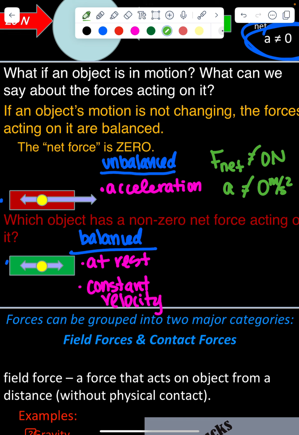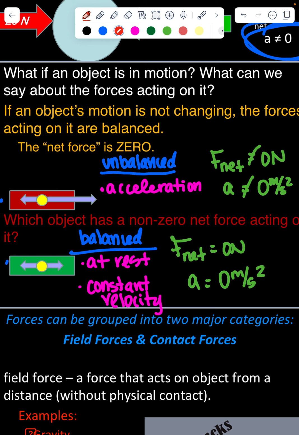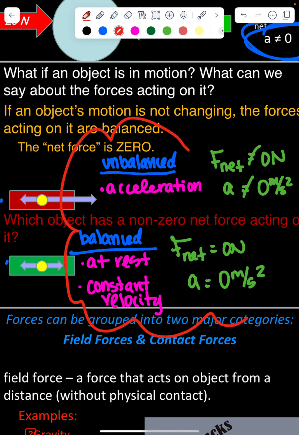So both of those mean that we do have a net force of zero. And because we're either at rest or going at a constant velocity, we have no acceleration. So these are the things that you have to know for balanced and unbalanced forces. You have to know those.